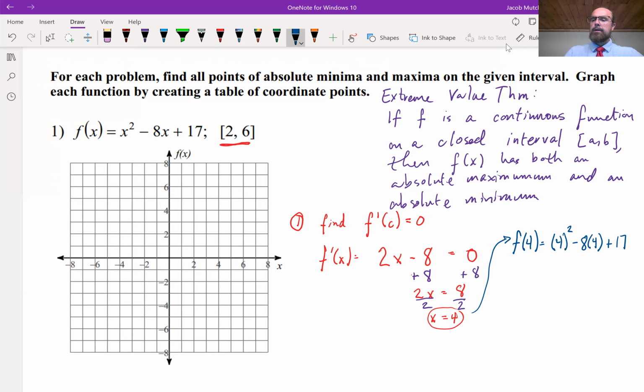So that we just need to calculate out. So that's going to be equivalent to 16 minus 32 plus 17. And then if I add 16 and 17 together, that's going to give me 33. 33 minus 32 is going to be 1. So I've got a maximum or a minimum here at the point 4, comma 1.